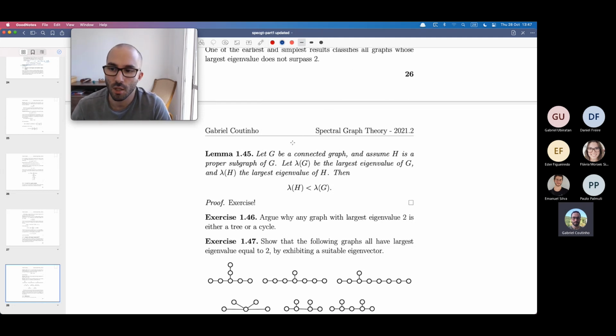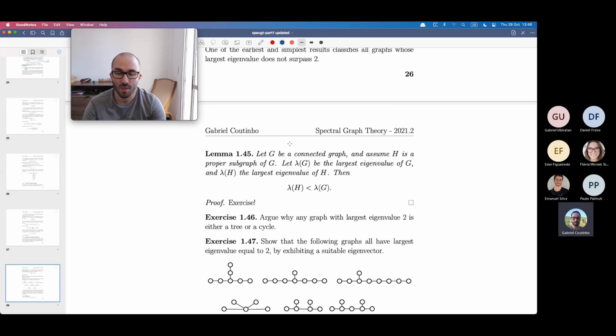If you have G, a connected graph, and you take any proper subgraph, meaning you remove edges or vertices or both, but you have to remove something, then, as long as G is connected, you can guarantee that the largest eigenvalue of the subgraph actually decreases.